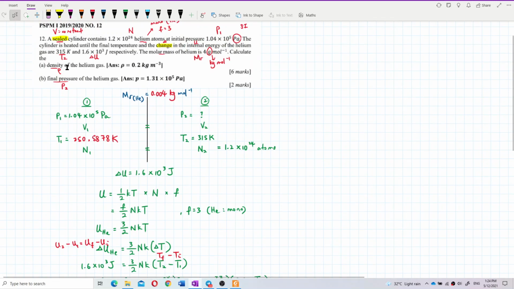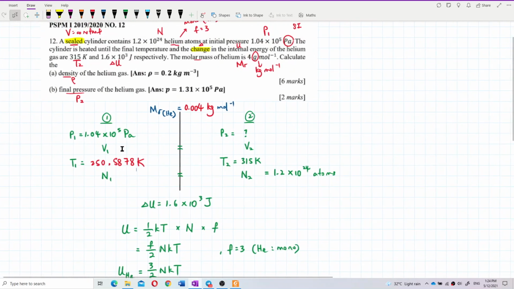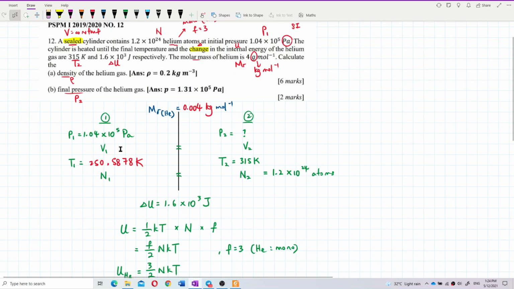So the density of helium gas. How to find the density of helium gas? Do you see something that I see? Volume. You see that?